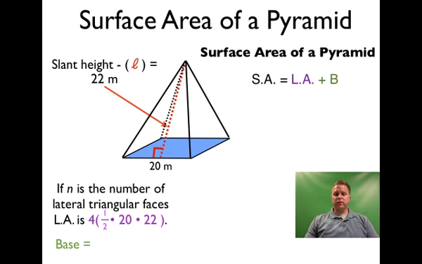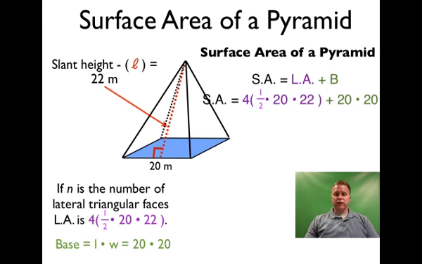And then the base here, since it's a square, is found by length times width, so it's going to be 20 times 20. So our long version of the expression would be 4 times the quantity 1/2 times 20 times 22 plus 20 times 20.